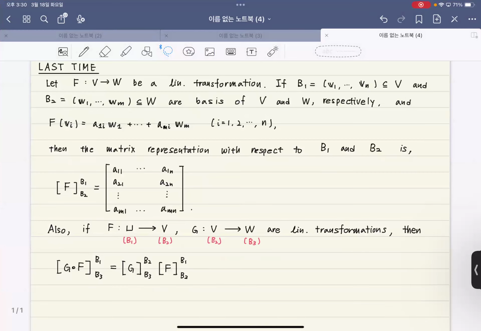Okay. So last time, we talked about linear transformations and how matrices can be related to linear transformations. To do that, first you have to choose bases.